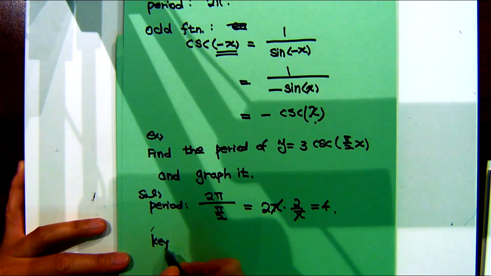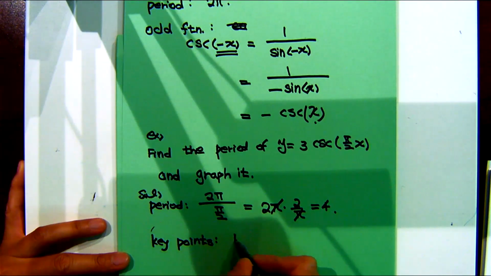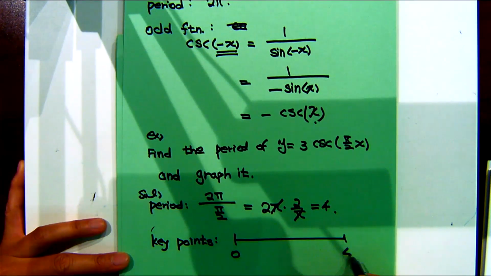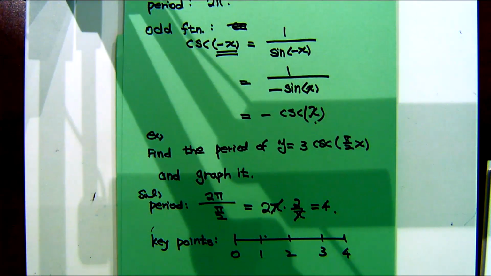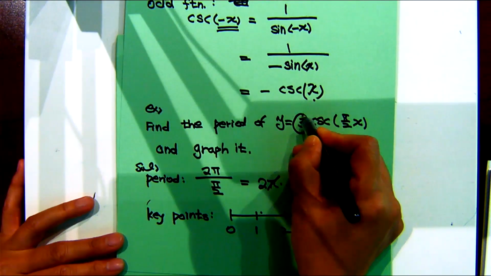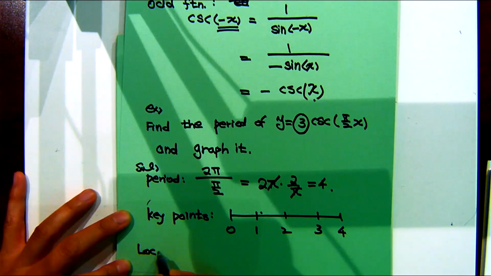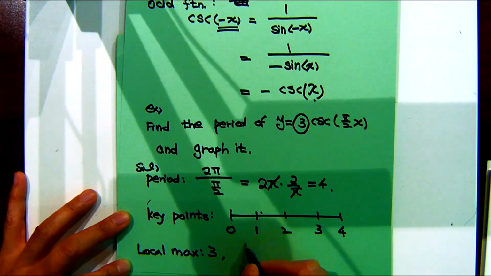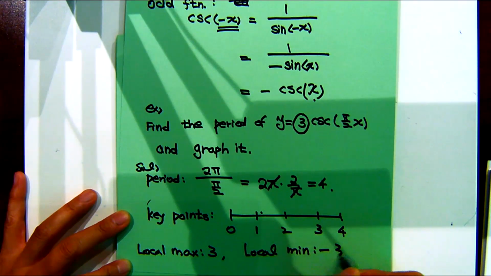And key points will be from 0 to 4, and it will subdivide into equal length intervals. So it will be 1, 2, 3, 4. And because of this 3, the local maximum will be 3 and the local minimum is -3.